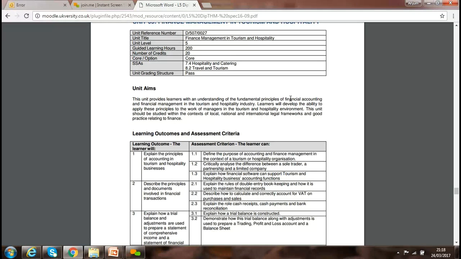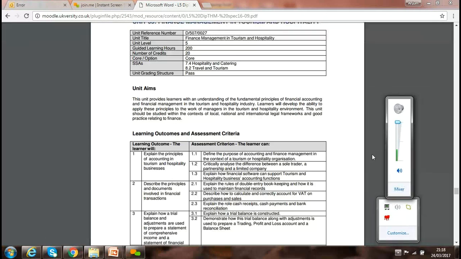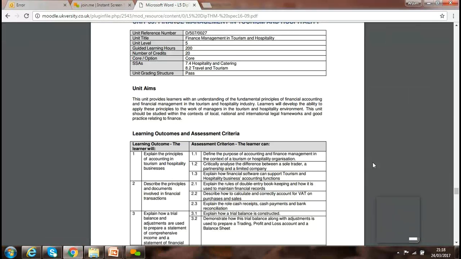Financial accounting depends on the coming in and going out of money. Okay. And the management involves the upkeeping. Okay.